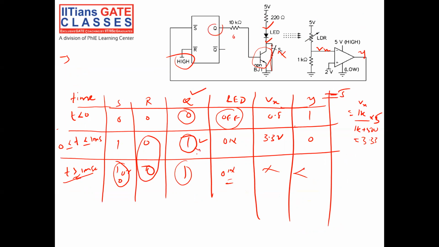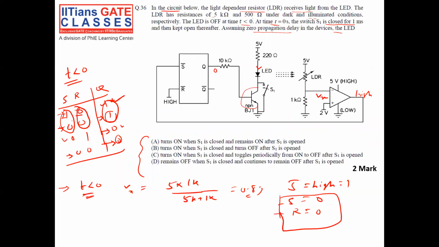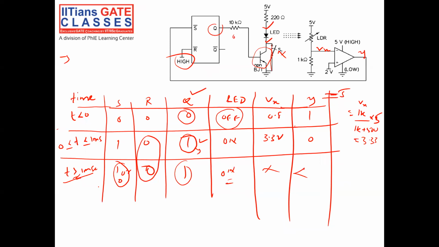To go from 1 to 0, I want R to be 1. R I cannot make 1, because it is already tied to 0. So R I cannot change at all. That implies for t greater than 1 millisecond, my output will be 1 forever, and the LED will be on forever.